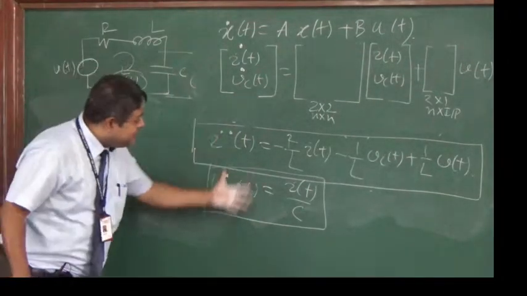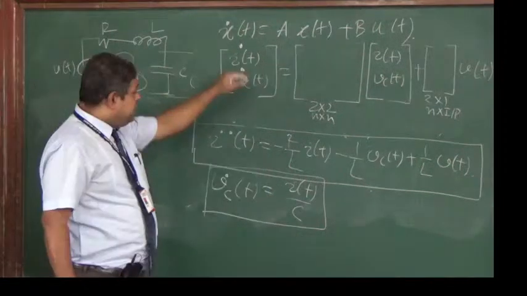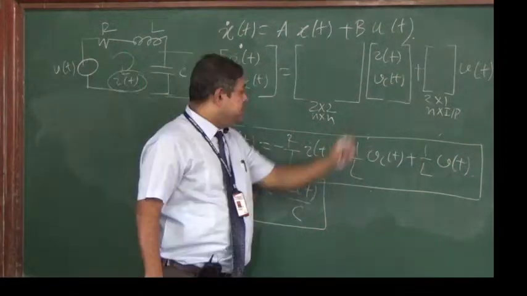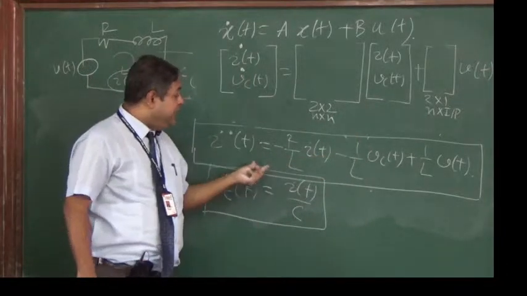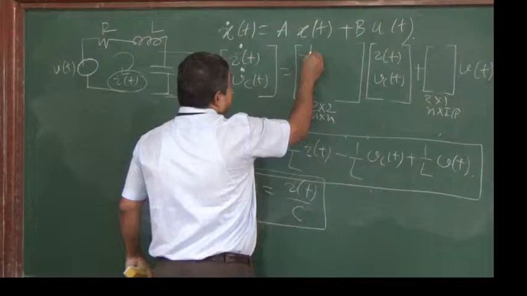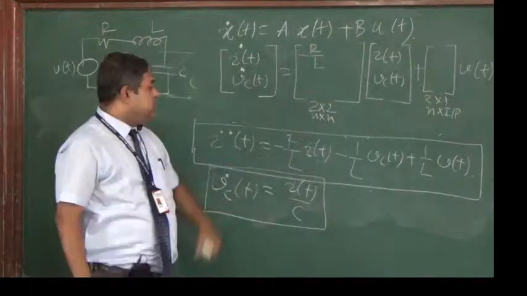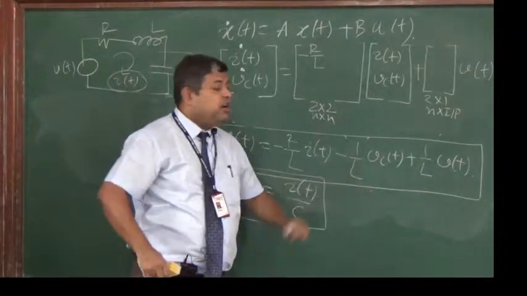Now can we write these two equations in this form? So let us see. i dot t is equal to how much of i(t)? The coefficient of i(t) is minus R by L. This is the first equation we are writing. In i dot t, how much is the coefficient of v_c(t)?